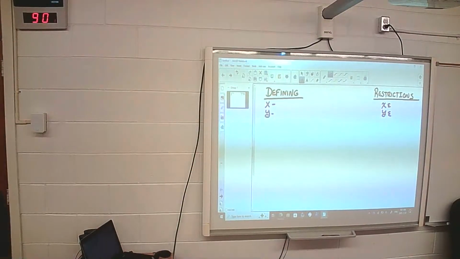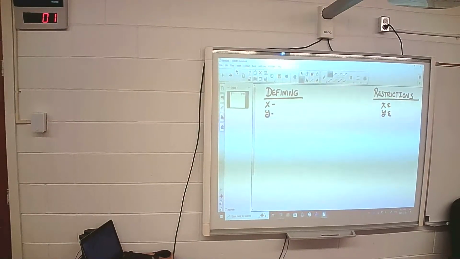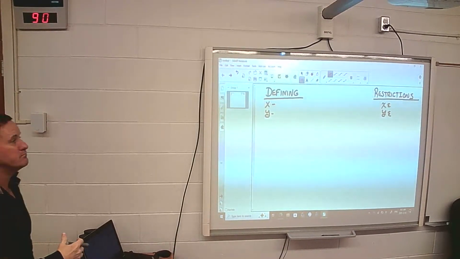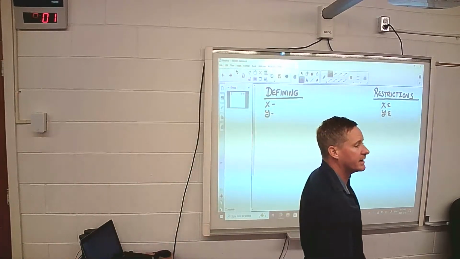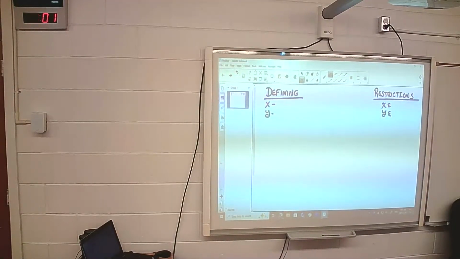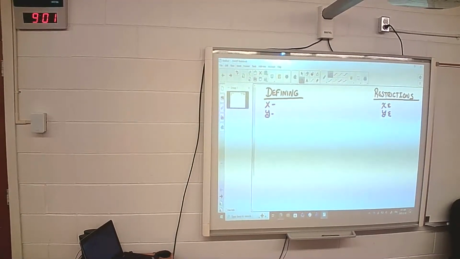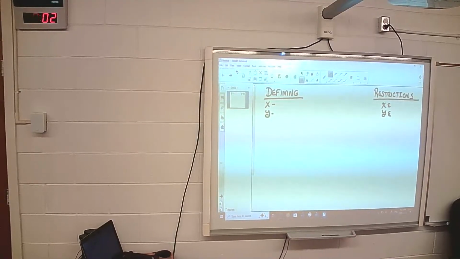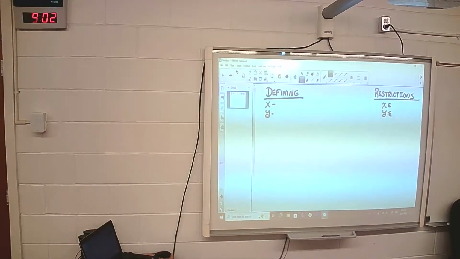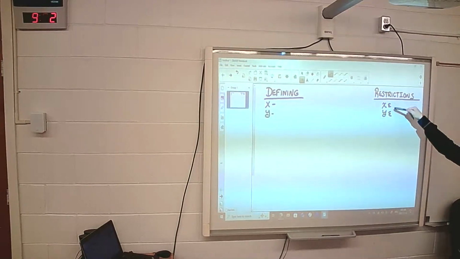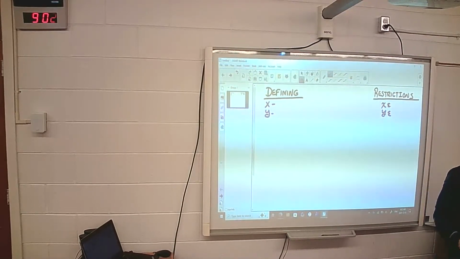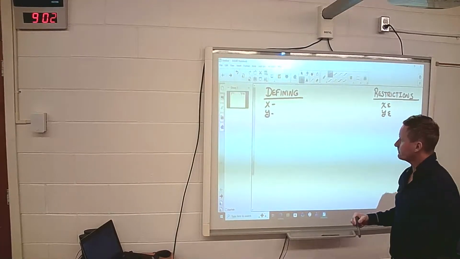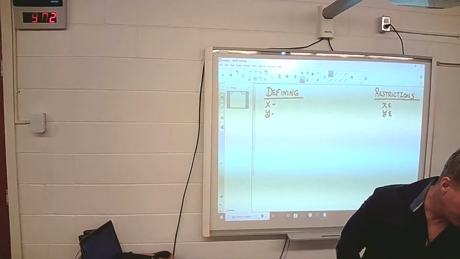Now, when you're doing an actual word problem, the restrictions are the majority of the time going to be whole numbers. Because we're going to be looking at how many hamburgers and hot dogs can I sell? Well, you can't sell parts of a hamburger or a hot dog. You have to sell wholes. So you want to make sure that we know what they are. It could be integers, could be real numbers as well. But for the most part, that's it.